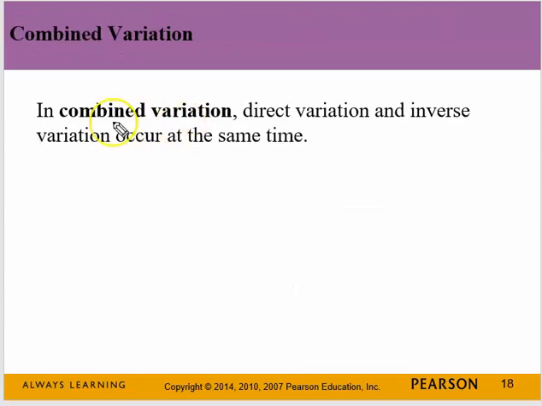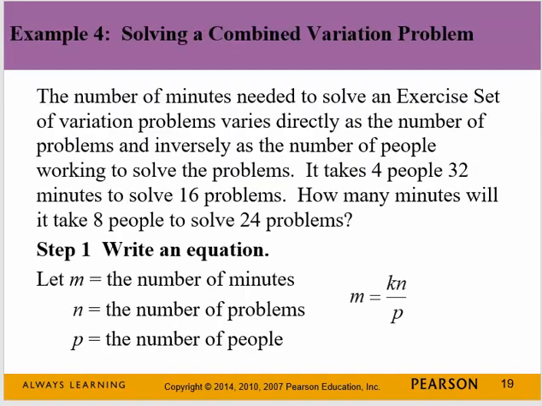Okay. Now here another type is combined variation, where we have direct variation and perhaps inverse variation occurring at the same time. Let's look at an example of this. Example 4, the number of minutes needed to solve an exercise set of variation problems vary directly as the number of problems and inversely as the number of people working to solve the problems.